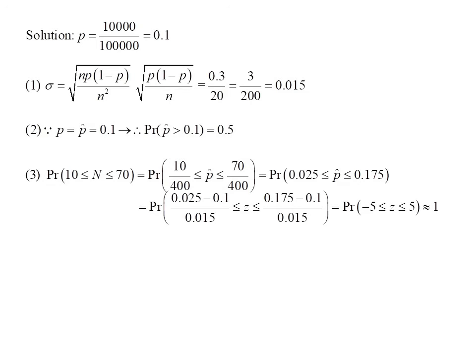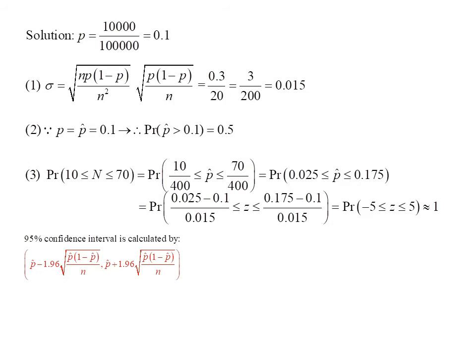So the problem becomes to find the probability of sample proportion between 0.025 and 0.175. After standardizing these two numbers, we find the standardized probability between -5 and 5, which is approximately 1.